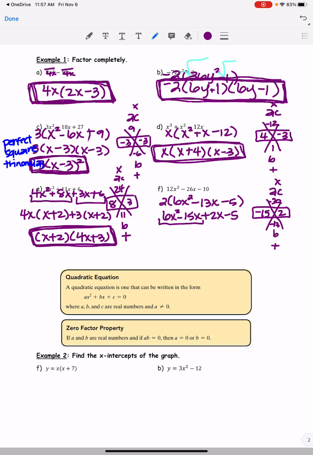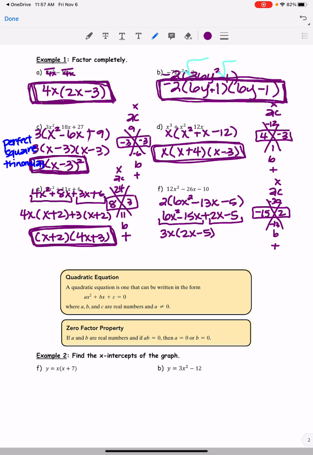In this first group, we can take out a 3x. And that leaves me with 2x minus 5. So if you notice, I have the same thing here as I have here. And that's okay. Because when I look at this next grouping, I can't take out a GCF.